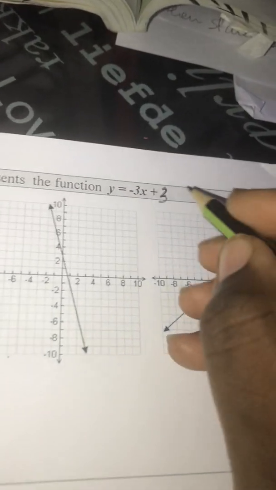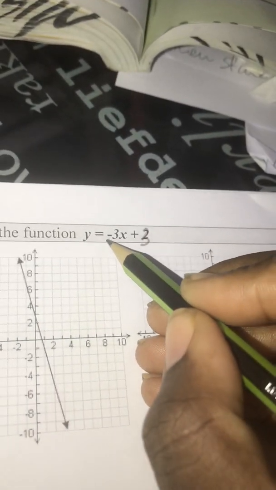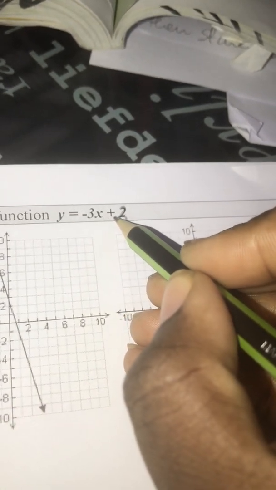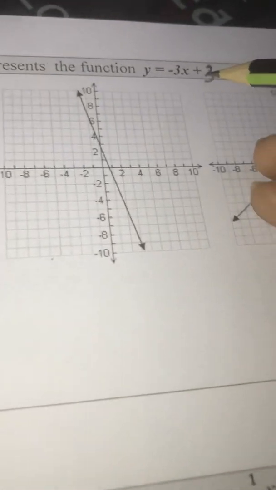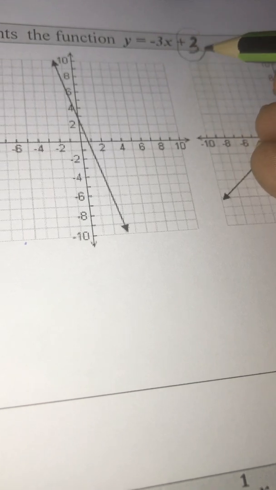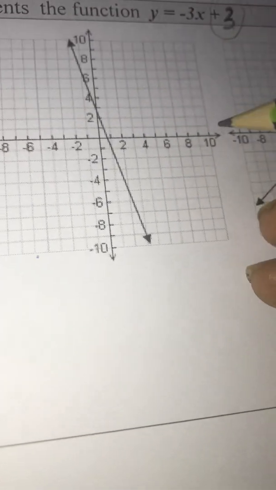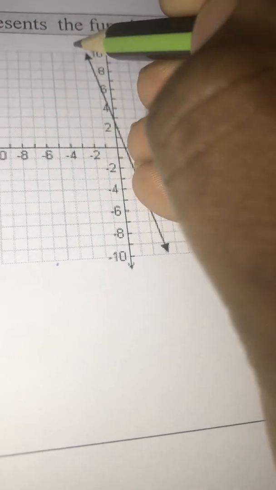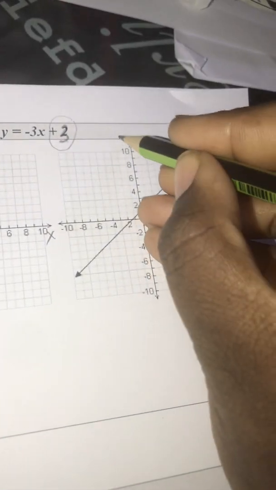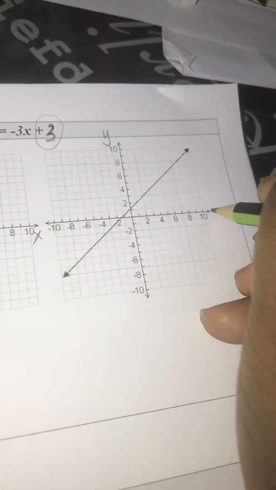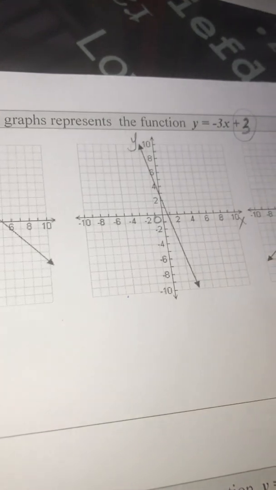Okay, now let's look at this example. This is y equals -3x plus 3. I need to look on my graph where I have +3 on the y-axis. x, y, 0.